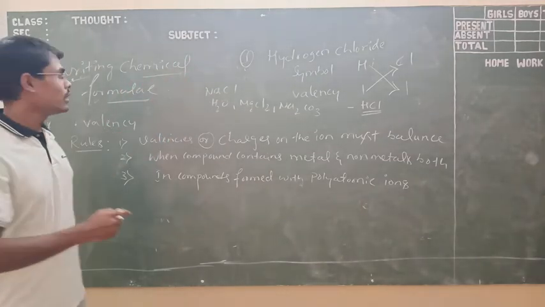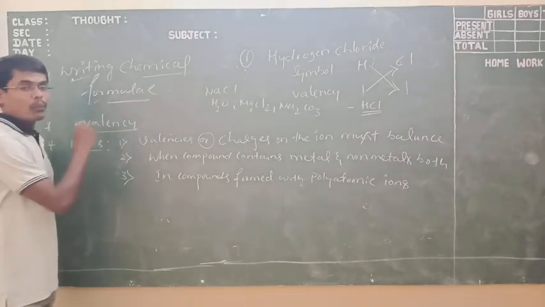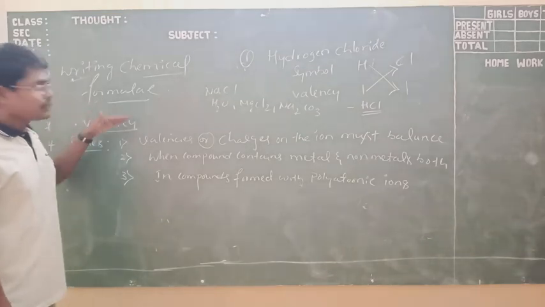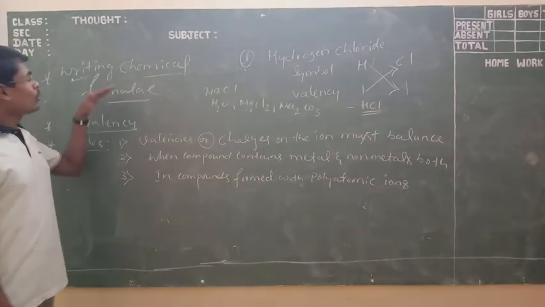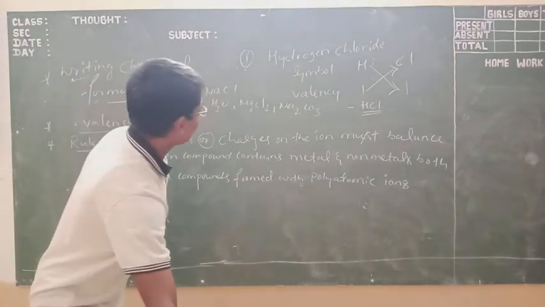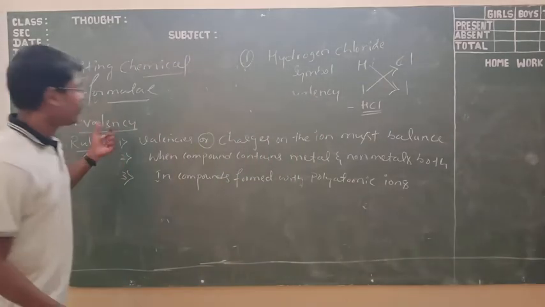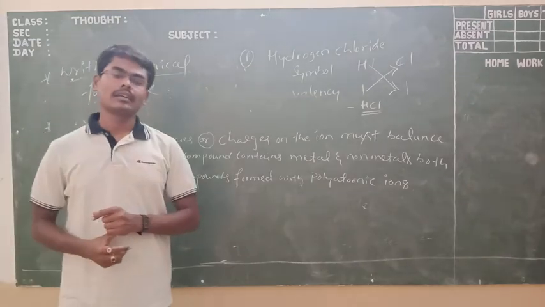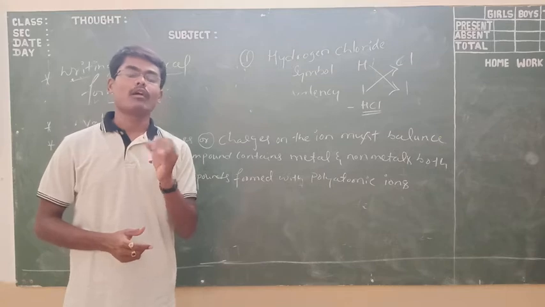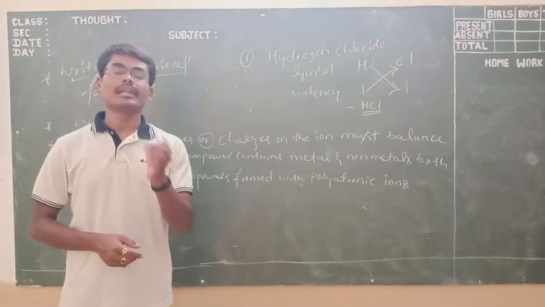Before going to this, we have to understand the second topic, which is valency. After the completion of valency, you will come to know how to write the chemical formulae. Now, look here, I am going to explain valency. What is valency? In this chapter, the combining capacity of atoms of an element is called valency.